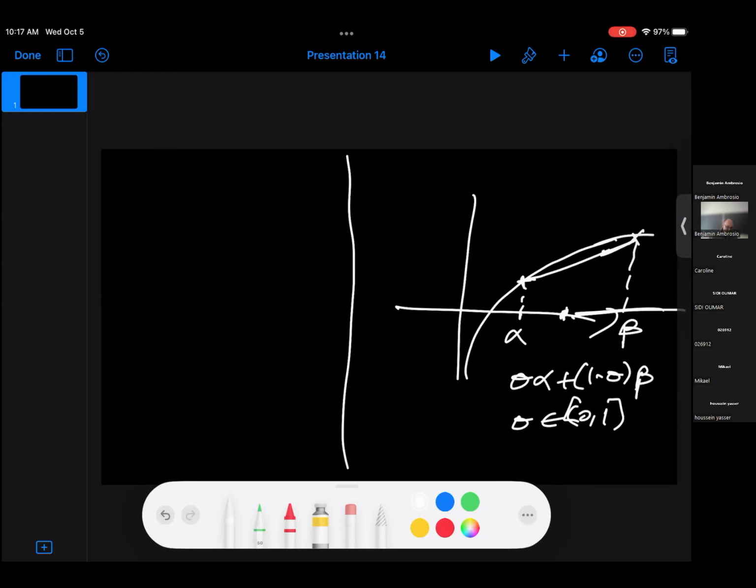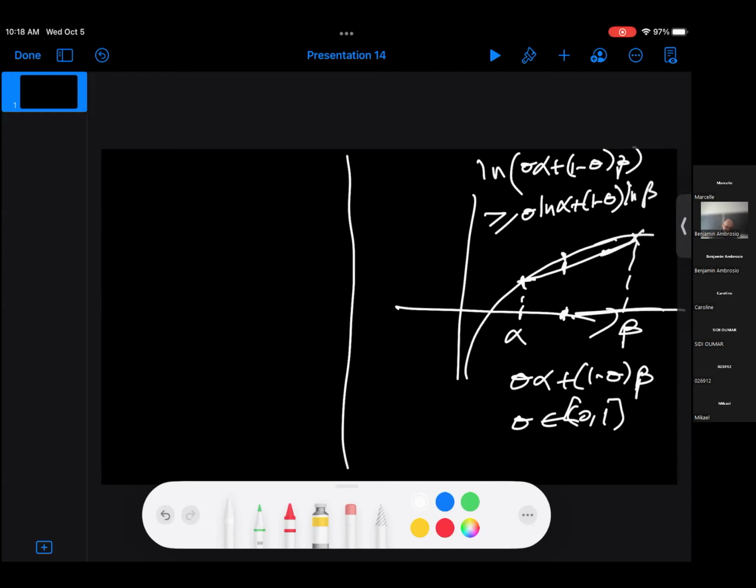So you can say that the logarithm of theta alpha plus 1 minus theta beta is greater than theta logarithm of alpha plus 1 minus theta logarithm of beta, so you are comparing 2 points here. This is here, and this is here.